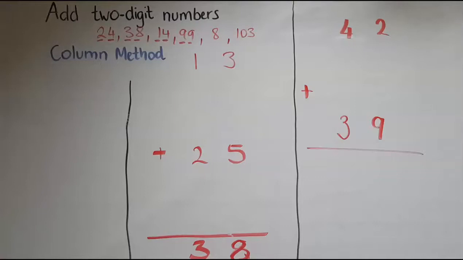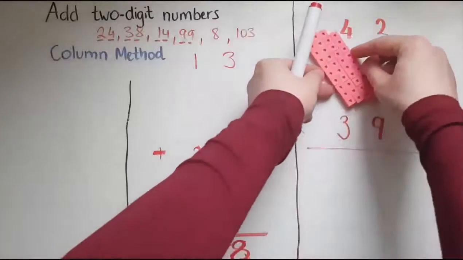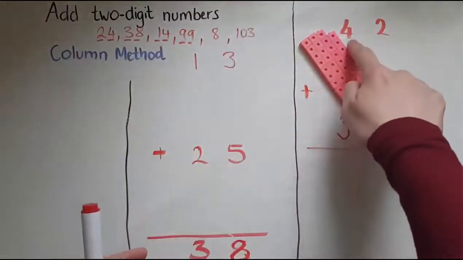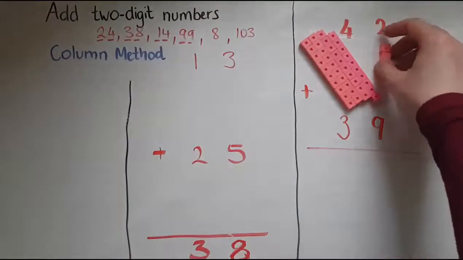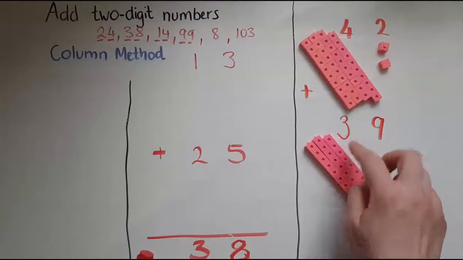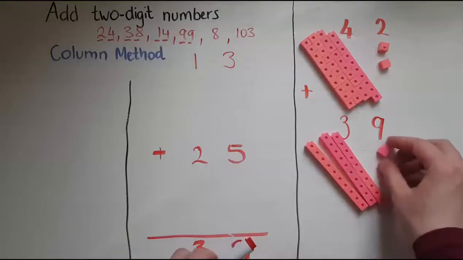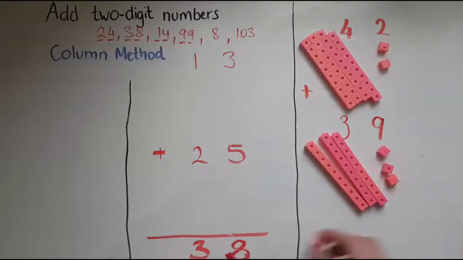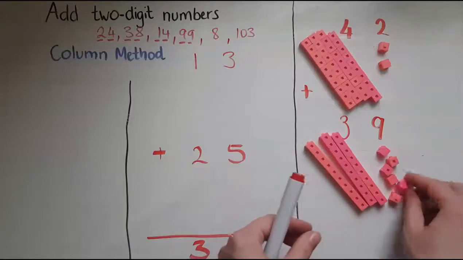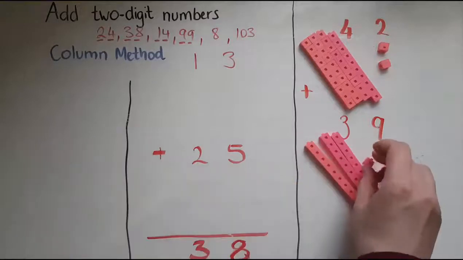So I'll represent 42: 4 blocks of 10, represented by this 4 here, and we've got 2 single cubes, the units. And 39 is represented by 30, so 3 blocks of 10, and 9, so we've got 1, 2, 3, 4, 5, 6, 7, 8, 9.